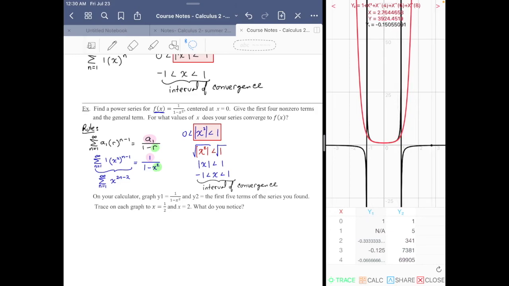I have mine at 0.504. It's pretty close. But then it asks you to do it again when x is equal to 2. So I'll do that, and you see the y values between the red and the black are miles apart. One of them is almost 300 or more than 300, and the other is about -0.3.